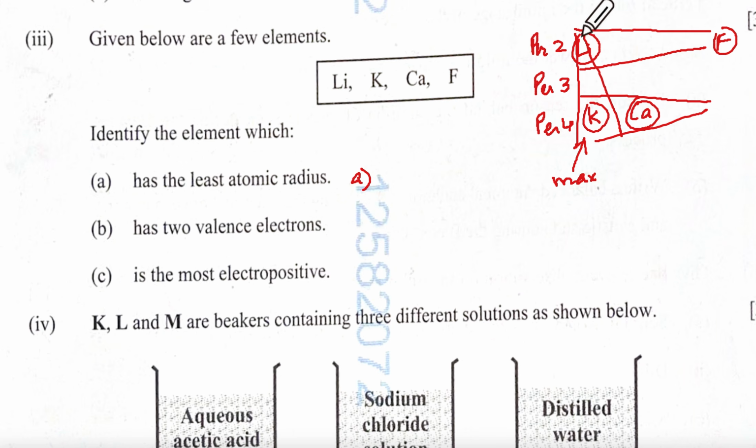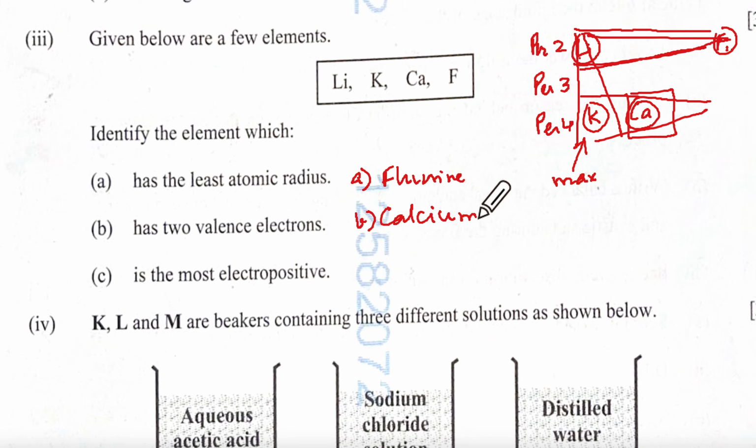This way is the smaller size, and smaller of the smaller, so it will be fluorine. We come to has 2 valence electrons, means calcium, because it will be in group 2, and the most electropositive will be this way. The one which will have the maximum atomic size means potassium.